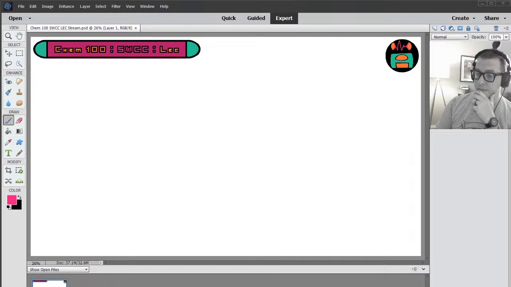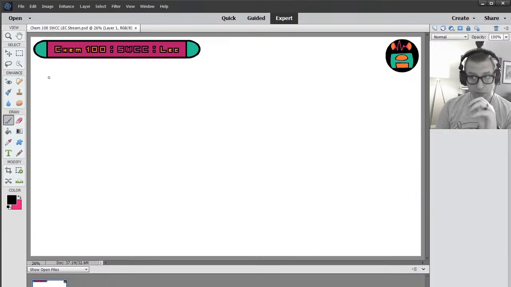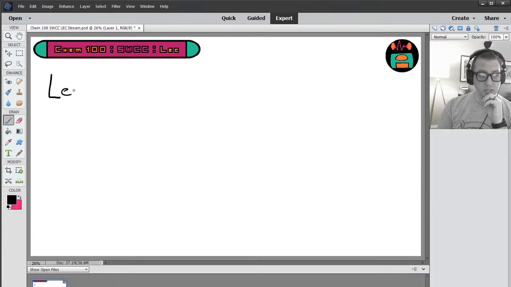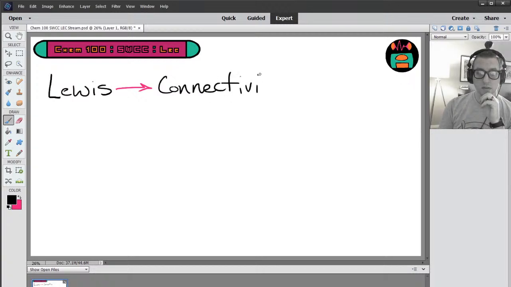All right, so we finished talking about VSEPR theory. So just by way of recap, Lewis structures tell us something about connectivity and bonds.